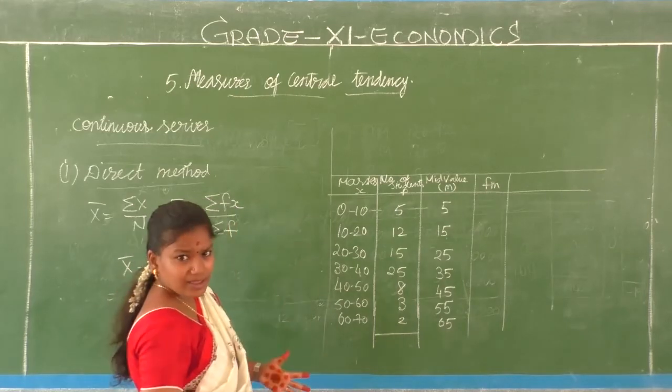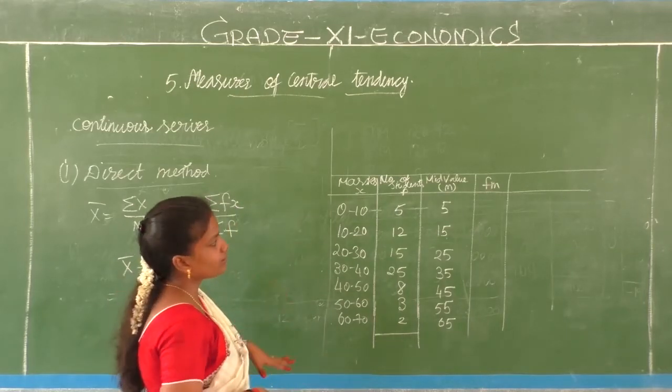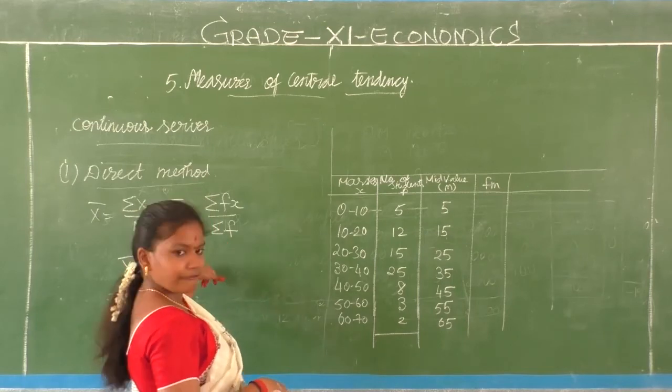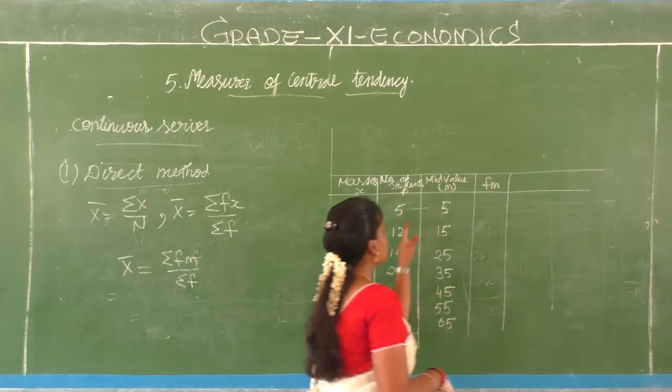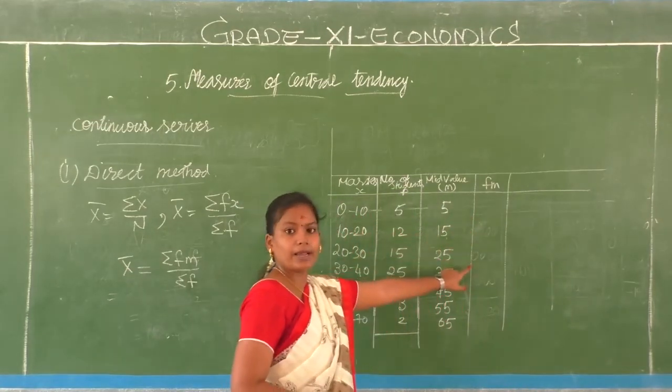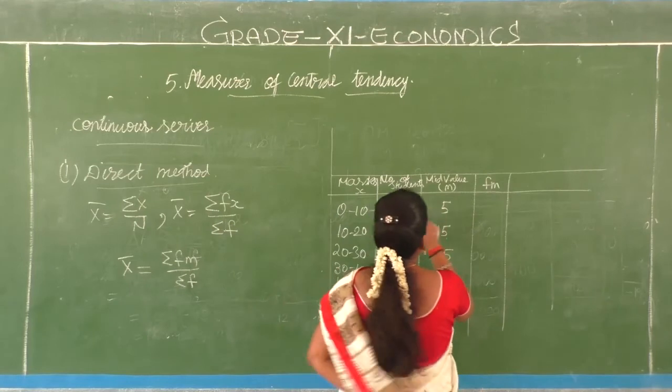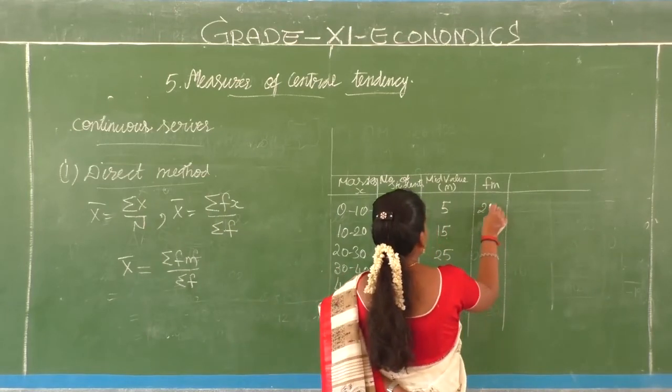Are you going to total them up? No, you don't have to total them up. You need only sigma fm and sigma f. So we will have fm. That is, this frequency is going to be multiplied with the m value. 5 into 5, 25.